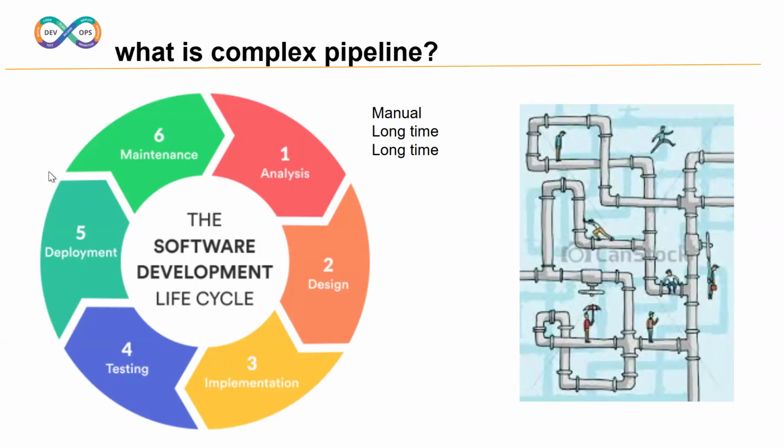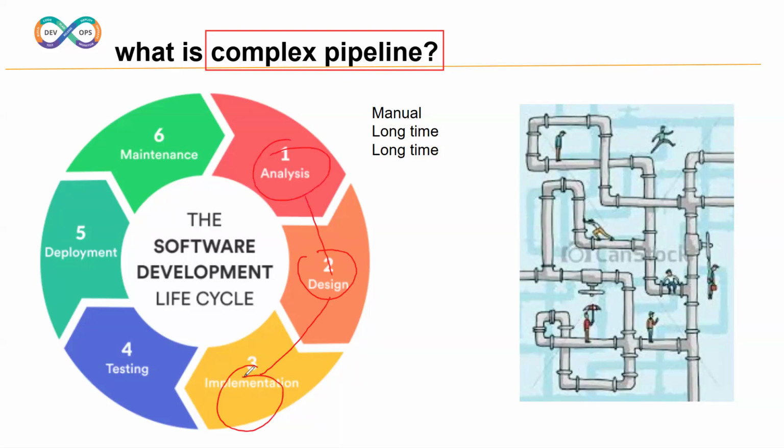In our SDLC process, we have analysis, design, implementation, testing, and maintenance. We do this process manually, from analysis to design, design to implementation, implementation to testing, testing to deploy, deploy to maintenance. We are following a manual process.